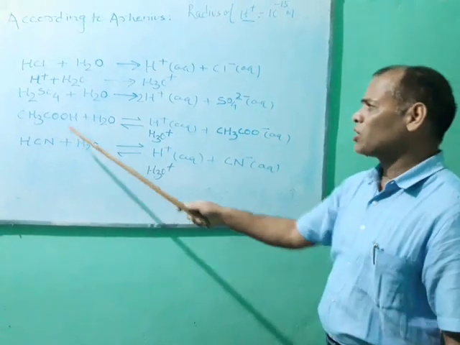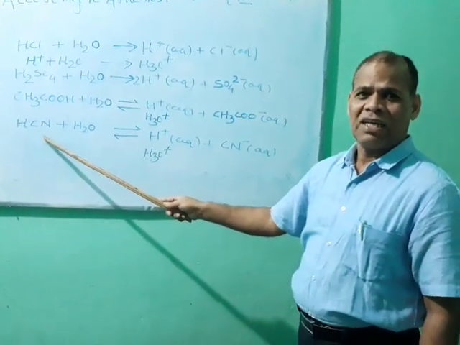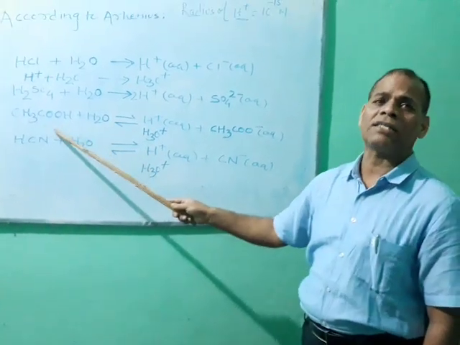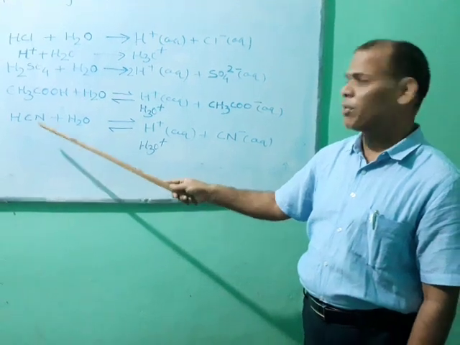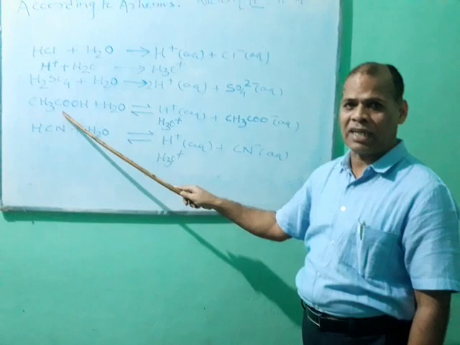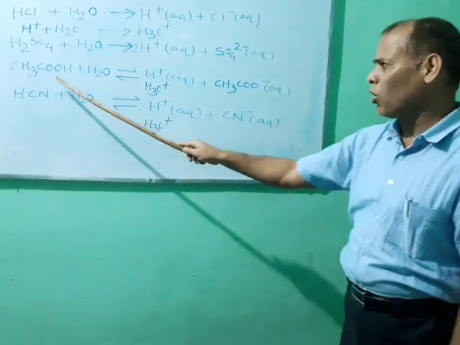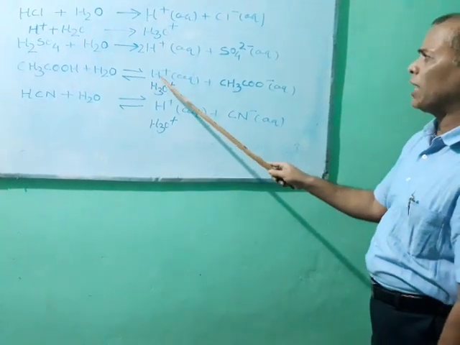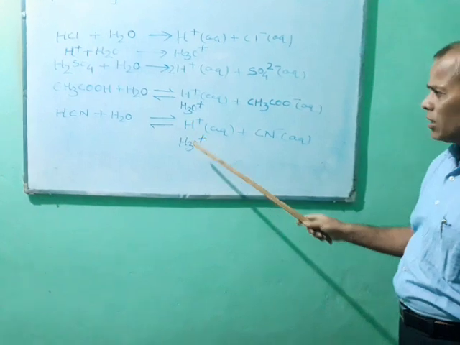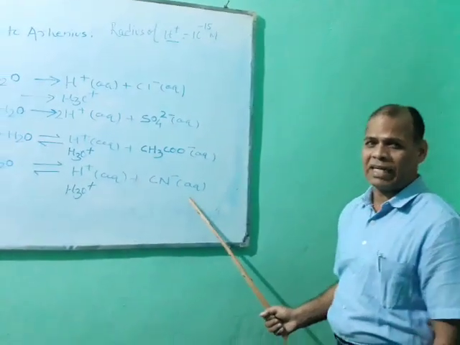It means some of the acetic acid, some of the hydrogen cyanide dissociates into ions, some remain as molecules, in the form of acetic acid, in the form of hydrogen cyanide. Some of the compound only dissociates into hydrogen ion or hydronium ion and acetate ion. Hydrogen cyanide dissociates into hydrogen ion or hydronium ion and cyanide ion.